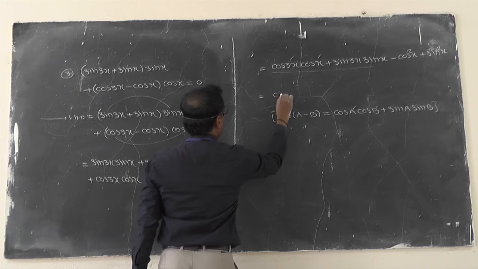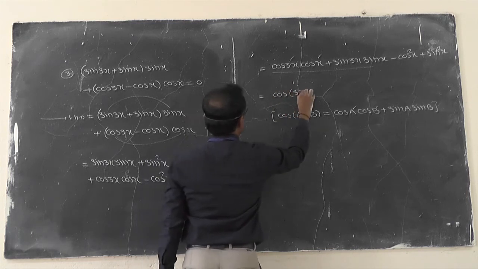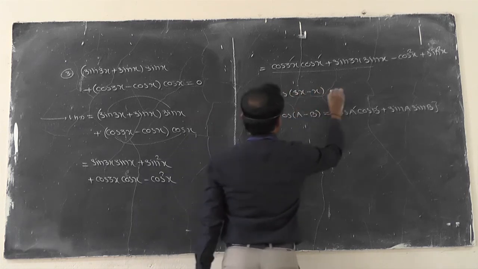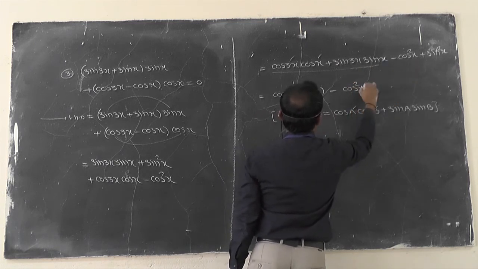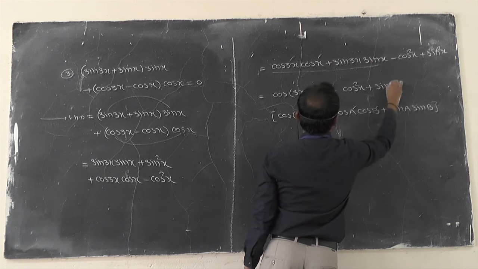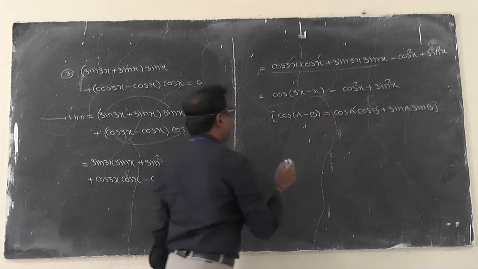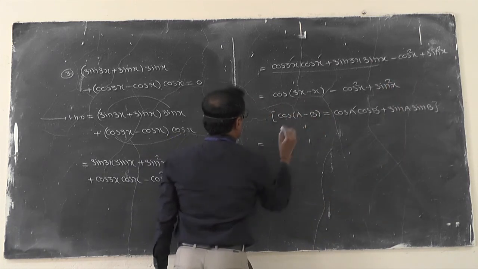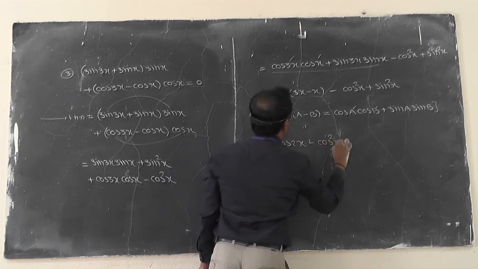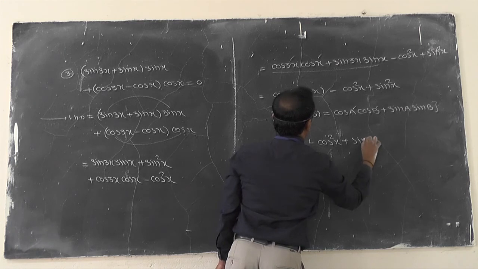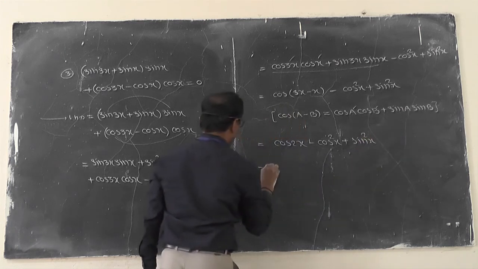So cos of 3x minus x, that portion is completed. The remaining portion is minus cos square x and plus sin square x. So cos of 3x minus x is simply cos 2x, minus cos square x plus sin square x.